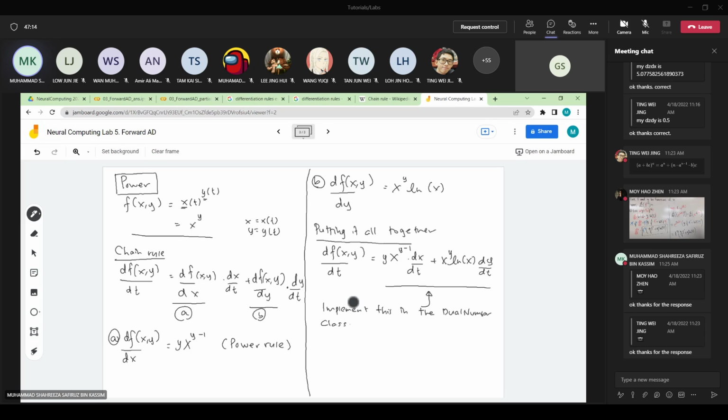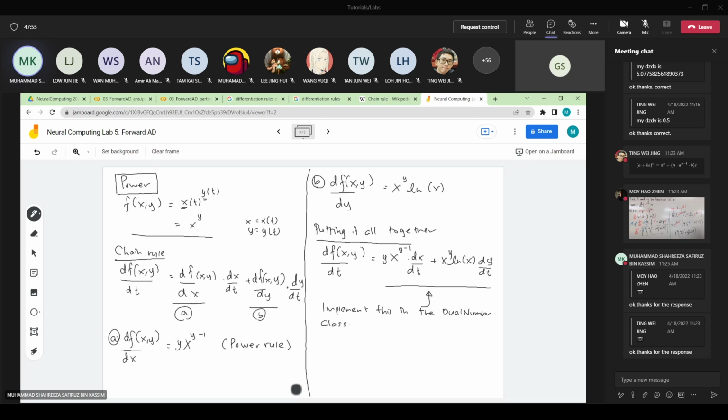Can anybody paste their code for how they implemented this in the dual number class? Did you manage to implement this in the dual number class? Just be careful.